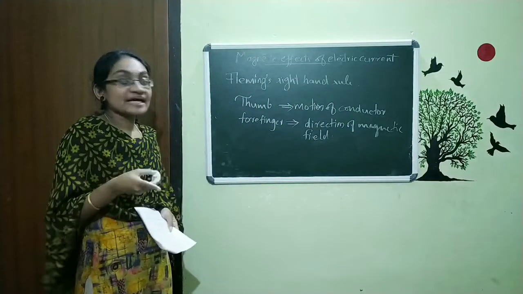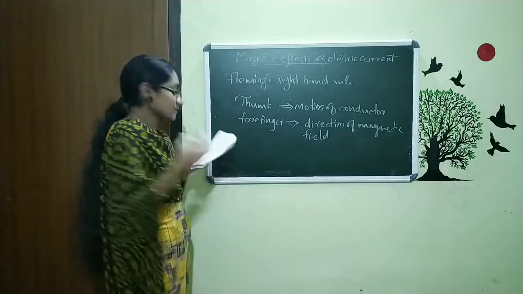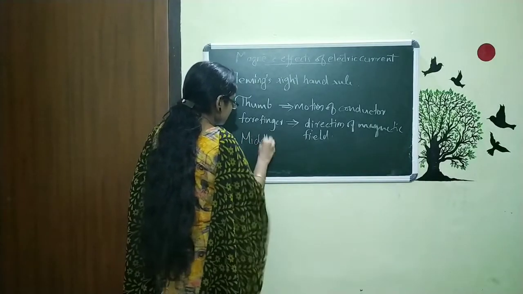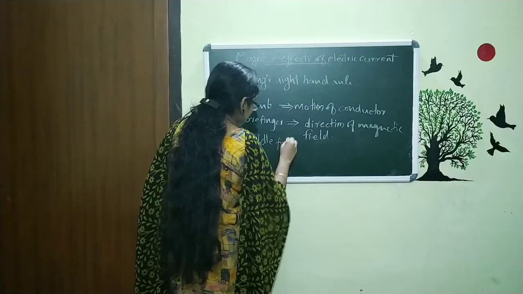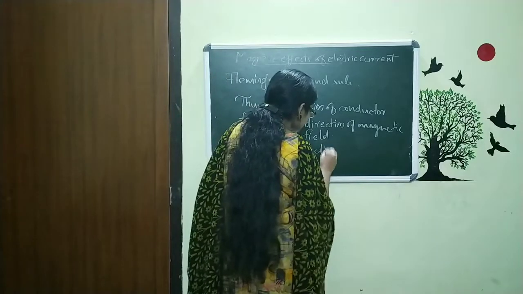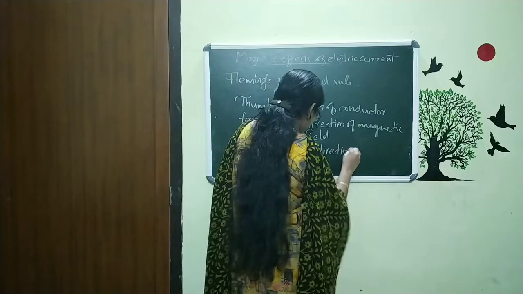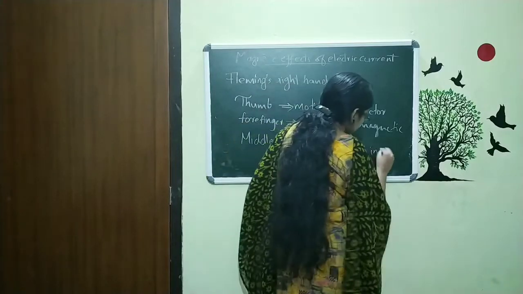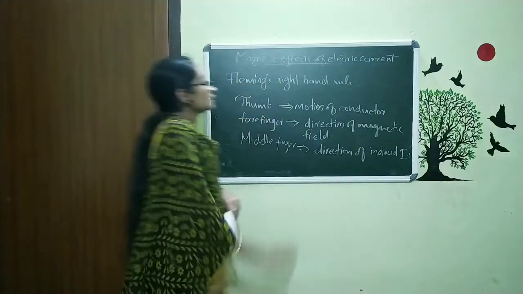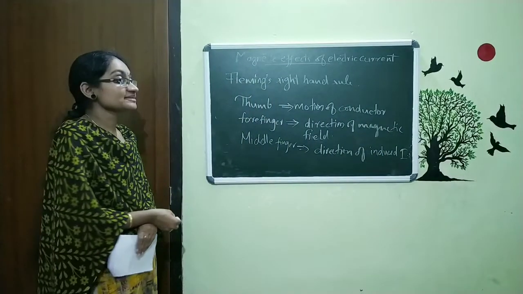Forefinger indicates the direction of magnetic field, and now we have the middle finger. Middle finger indicates the direction of induced current. So this is Fleming's right hand rule.